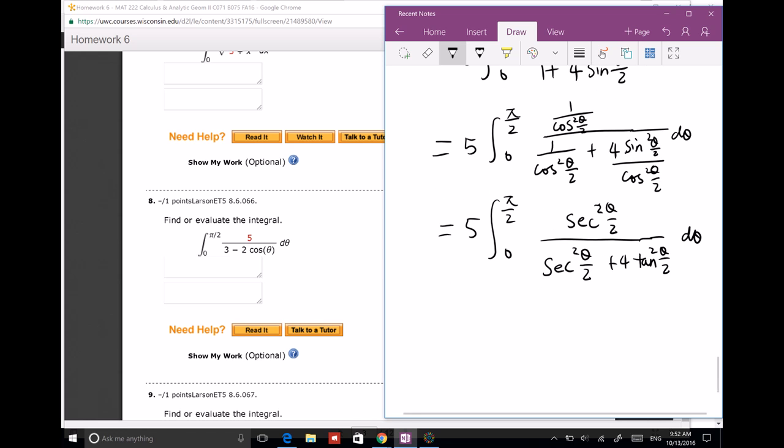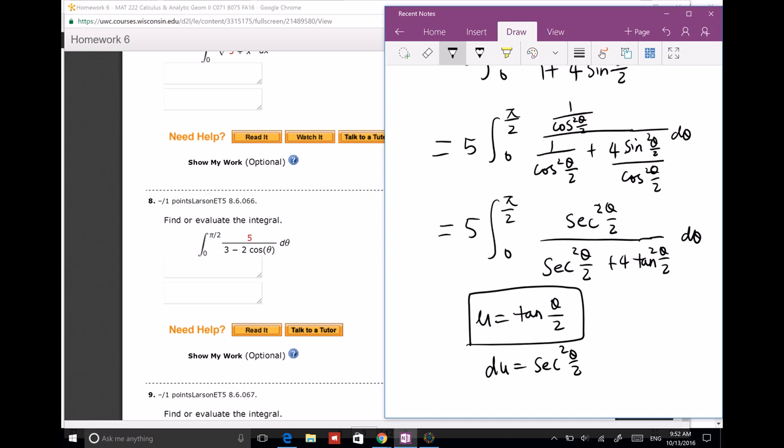From here you use u equals tangent of theta over 2. Then you use u substitution, and du is secant squared of theta over 2 times 1/2 times d theta. So you can tell this one gives you du.